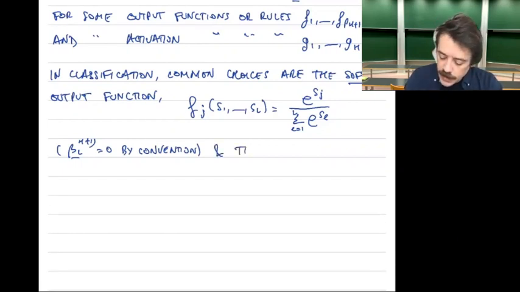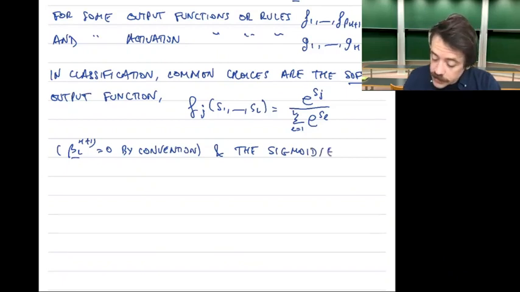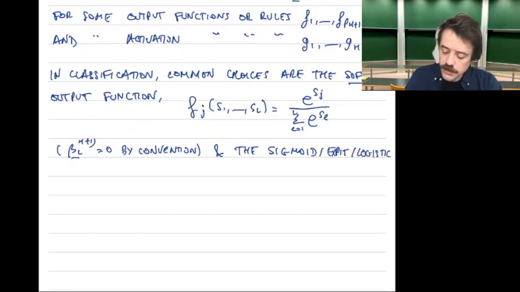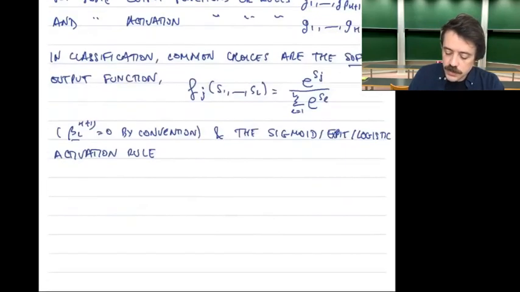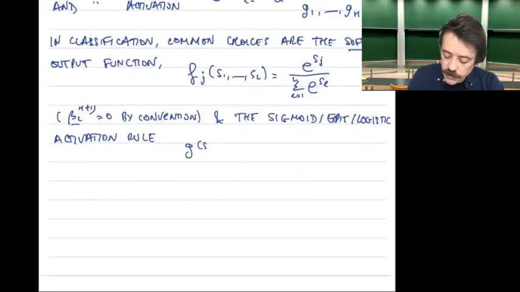And then for the activation function, we have the sigmoid, also called the expit or logistic activation rule, which is given by g of s equal to e to the s over 1 plus e to the s.